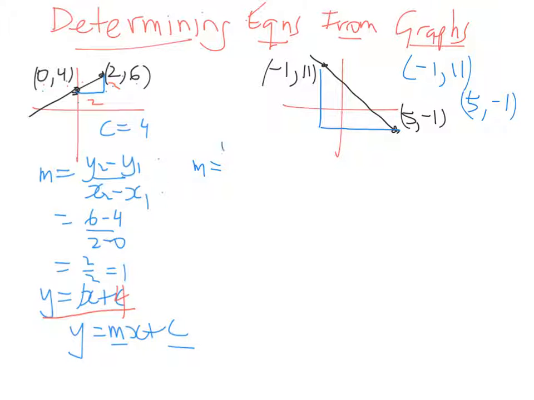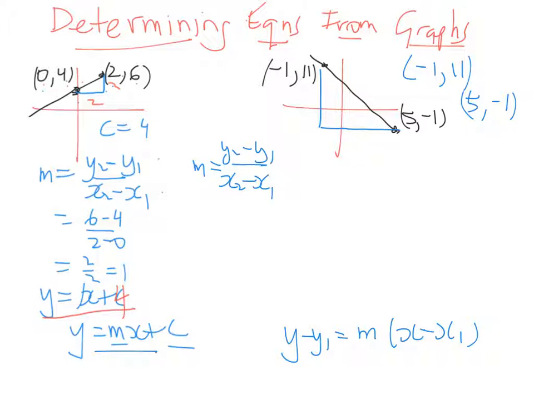So I'm going to write m and do it over here. m equals y2 minus y1 over x2 minus x1. And to get into this form, we're going to use this equation at the end: y minus y1 equals m(x minus x1). Now we've got to work out our y1s and our x1s.